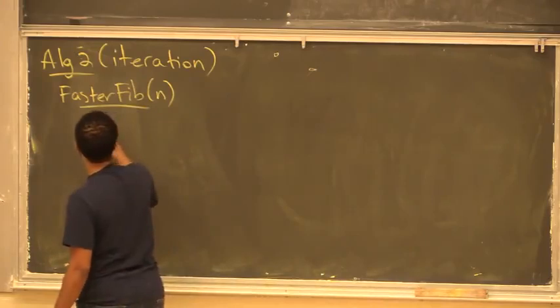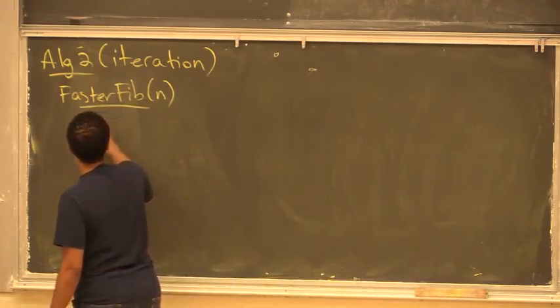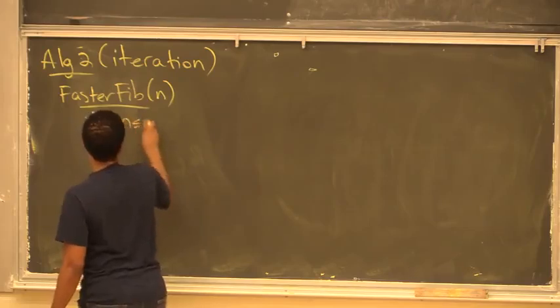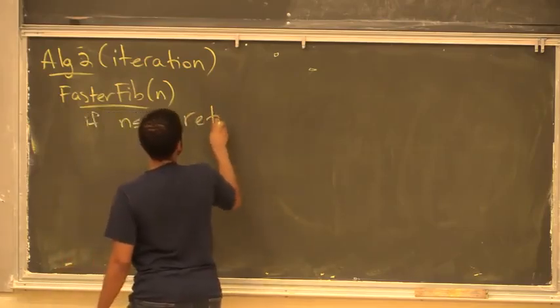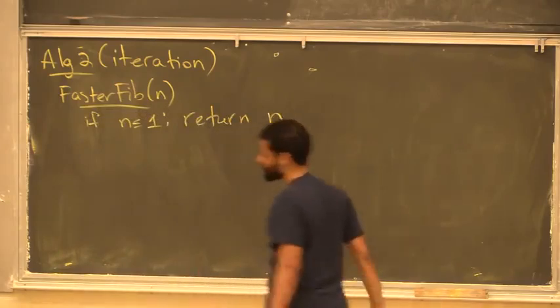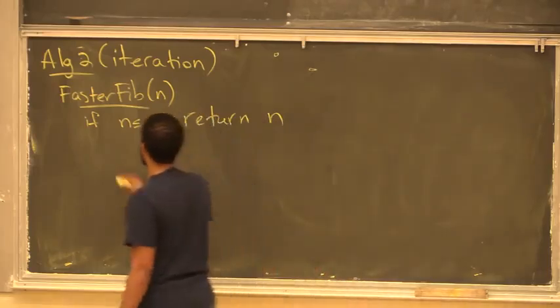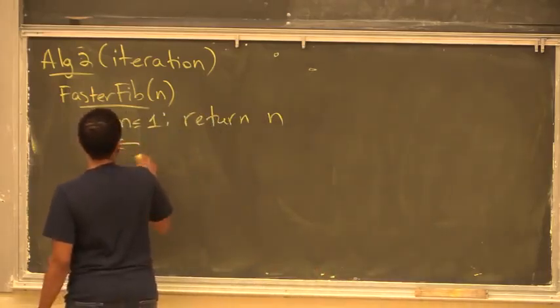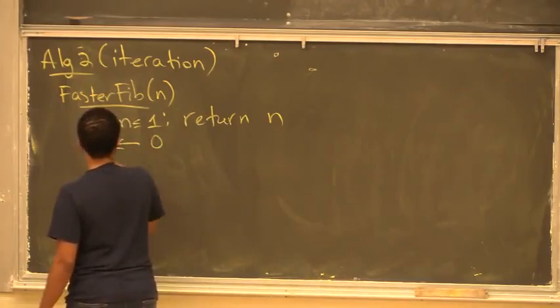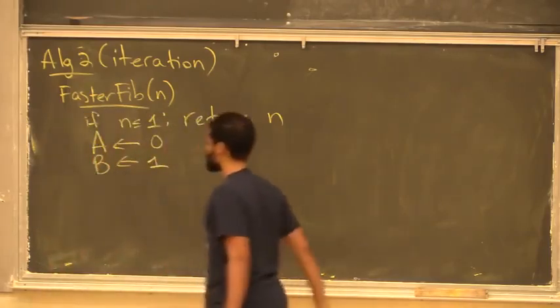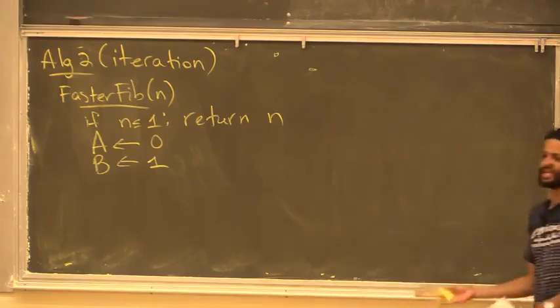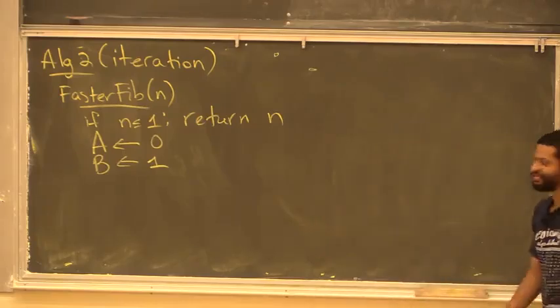Again, I'll say if n is less than or equal to 1, return n. Otherwise, I'll say A is 0, B is 1. So basically, A and B are keeping track of the last two Fibonacci numbers.